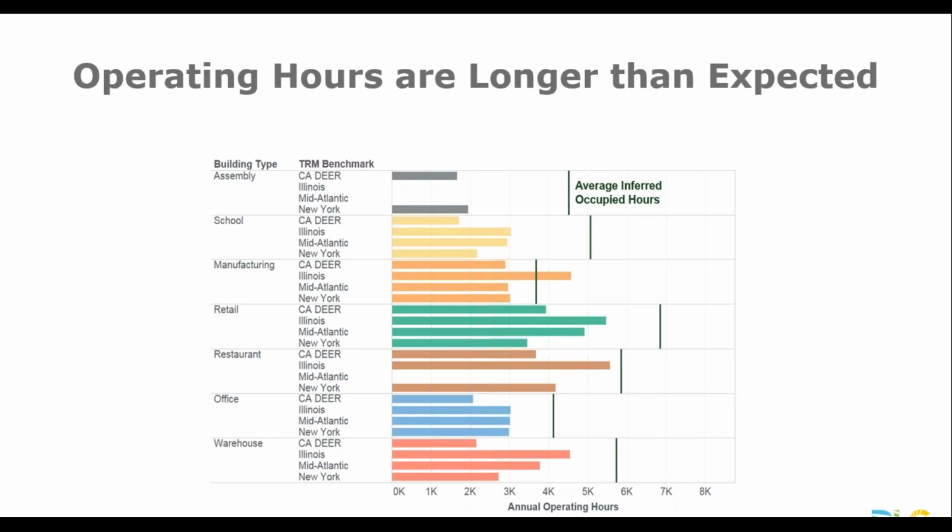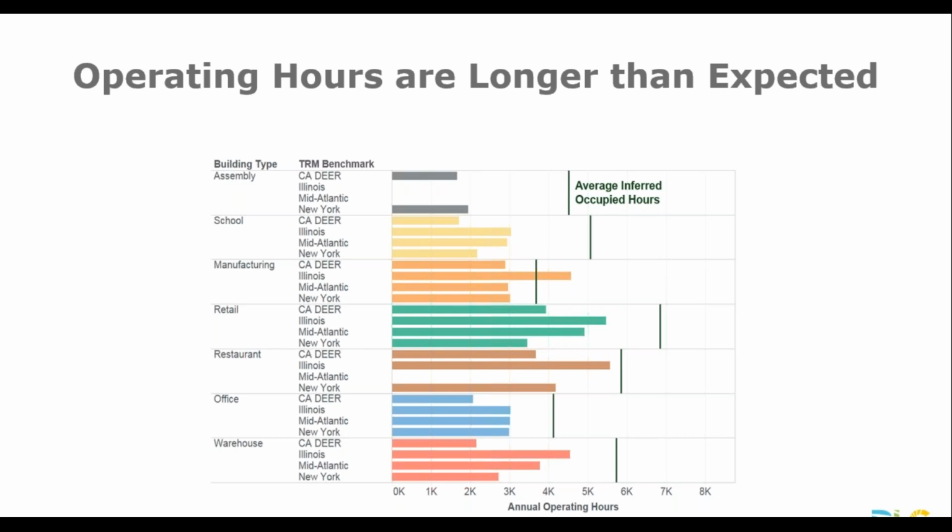And I think that's an important takeaway, because in virtually all cases, we're seeing significantly longer occupied hours than what utility programs are allowed to claim. And this may be due to the fact that buildings that are good candidates for network lighting controls may just have longer runtime hours than other buildings.